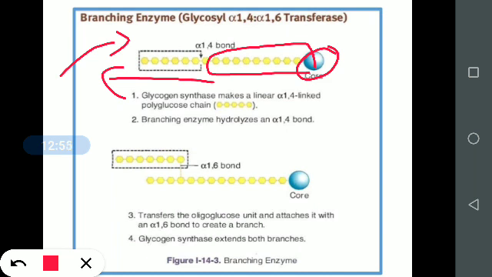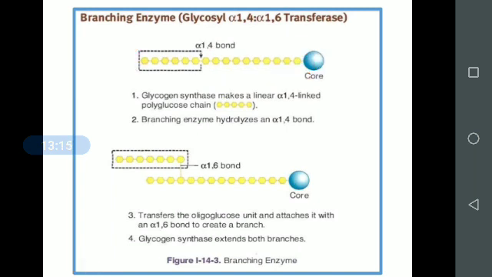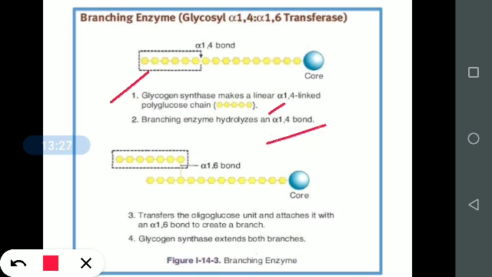So glycogen synthase is not responsible for the formation of a new glycogen particle. Simply it will elongate the chain. For chain elongation it requires branching, so that's why the branching enzyme is here. Glycogen synthase makes a linear alpha 1,4 linked polyglucose chain. The branching enzyme hydrolyzes an alpha 1,4 bond, that means it breaks down this bond.